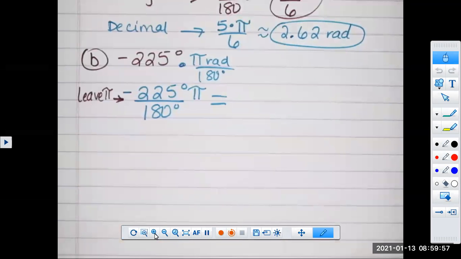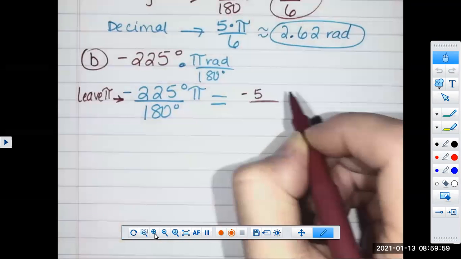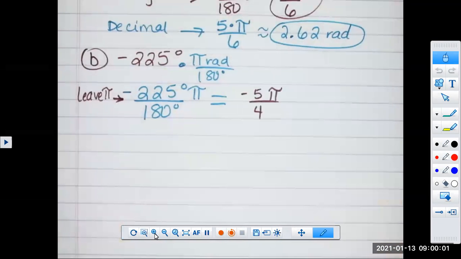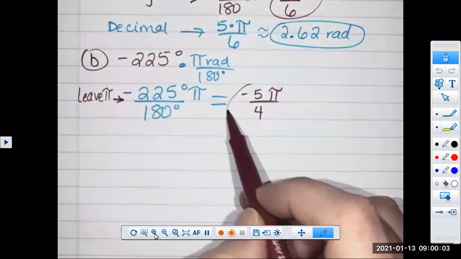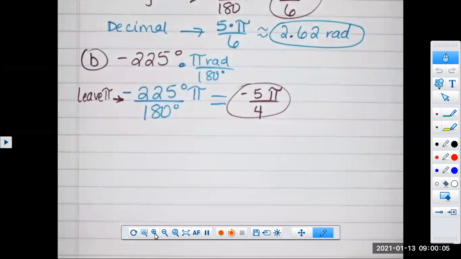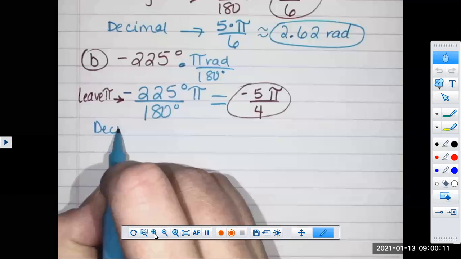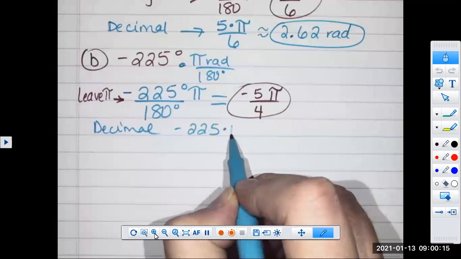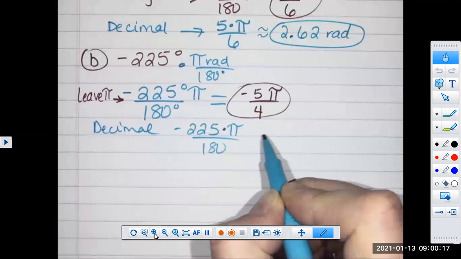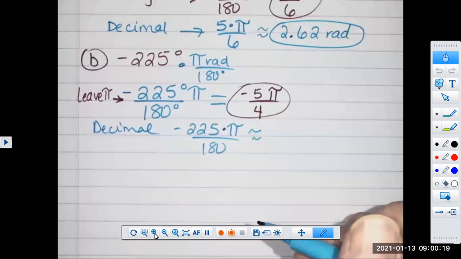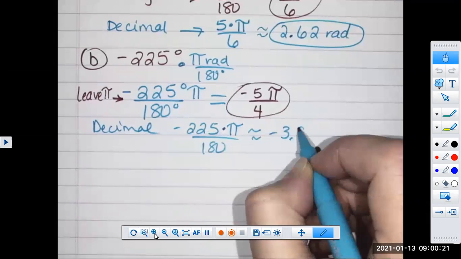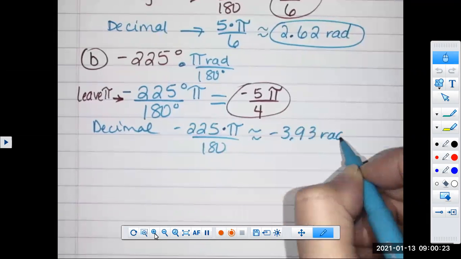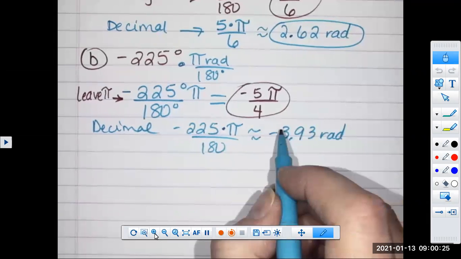These awesome calculators I have over here will do fractions very easily for you. So you get negative 5/4 pi. If you convert that to a decimal, you're going to say negative 225 times pi in your calculator, divide by 180. And that gives you negative 3.93 radians.